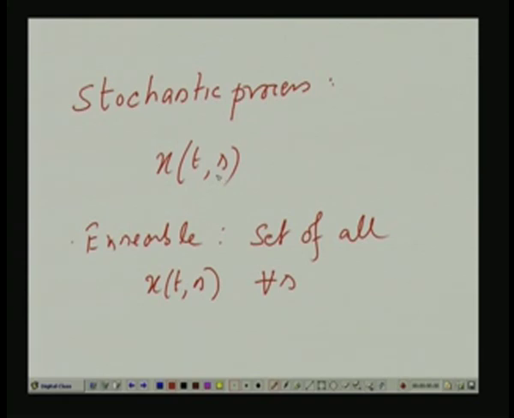Suppose s is a particular outcome, and for that outcome you have got a particular waveform x(t, s). That specific waveform for a particular s, I will call a sample function. So the ensemble consists of all possible sample functions.